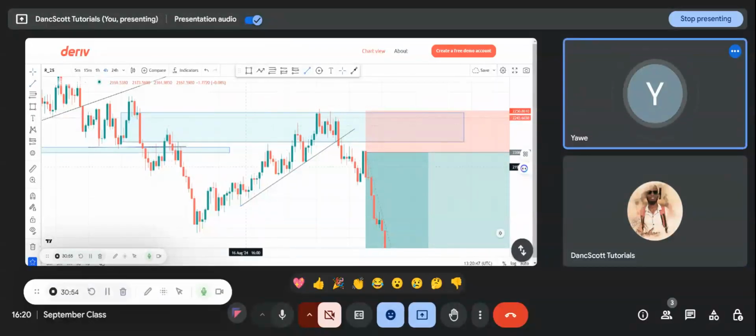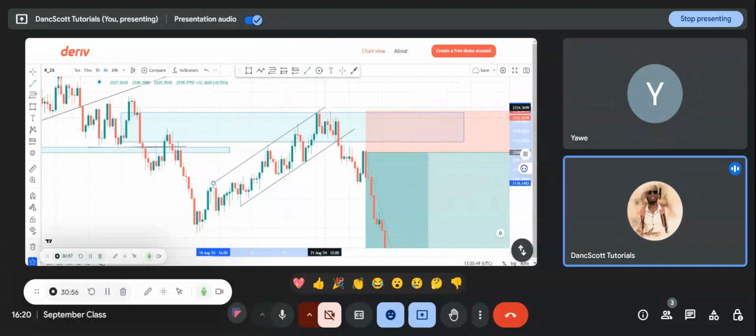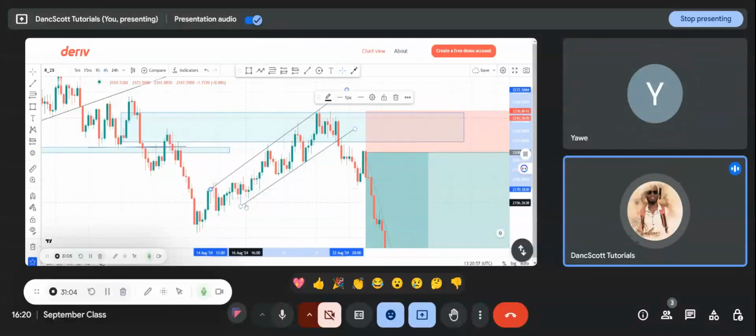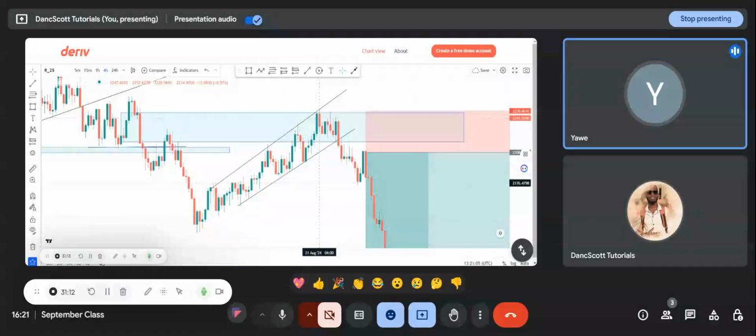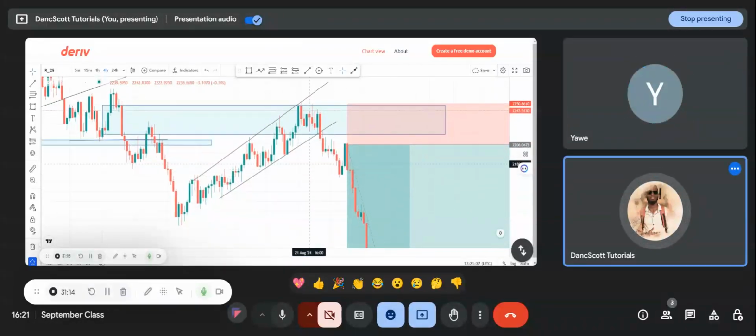The idea is almost the same. It's coming from a point where it is sort of contracted, then it's expanding as it goes up. But either way, the idea stays the same.